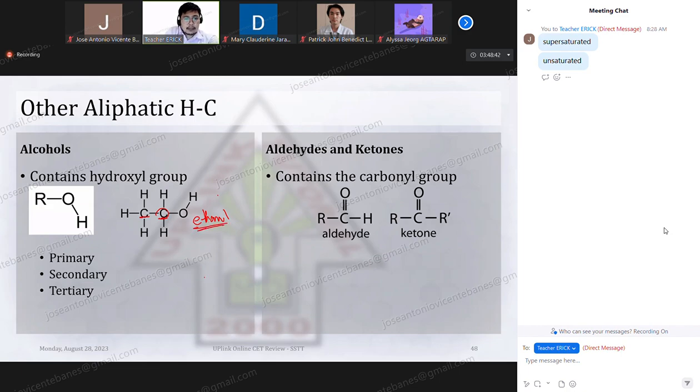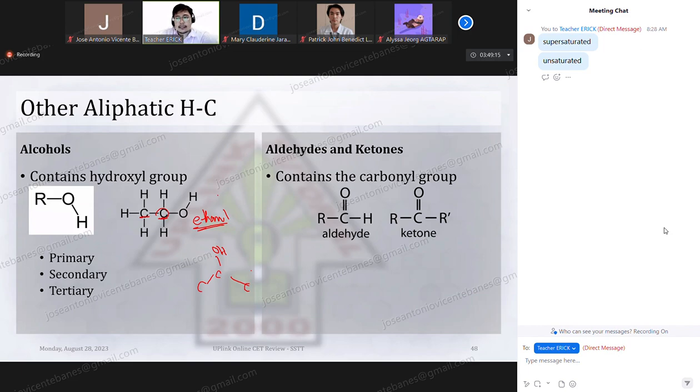Okay. Now what about this one? We have three carbons, then we have OH. Now, is this considered primary? Yes or no? No, this is what you call a secondary alcohol. Now, what I said earlier is that for a primary alcohol, the OH must be on the end of the structure.